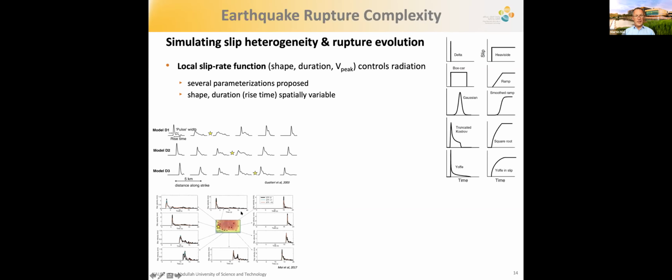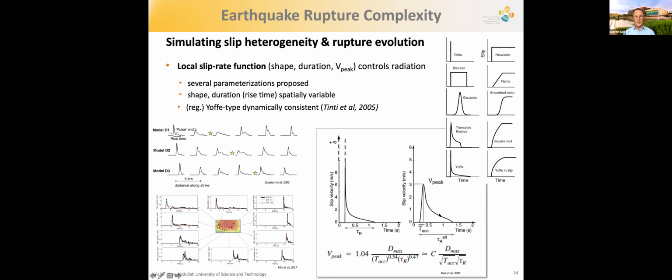So this dynamic behavior we cannot capture with a classical boxcar or triangular source time function. A truncated Kostrov comes close, but most recently the Yoffe function, or regularized Yoffe function, proposed by Tinti and co-authors in 2005, has become very popular and widely used.